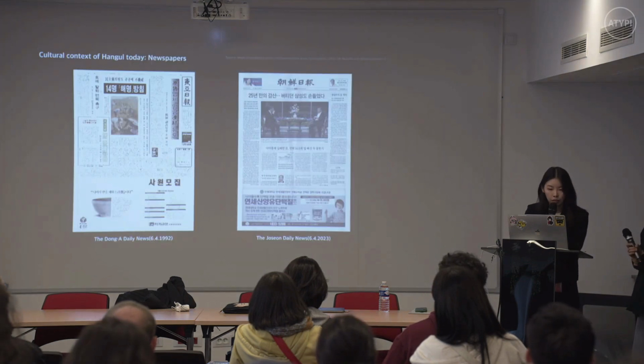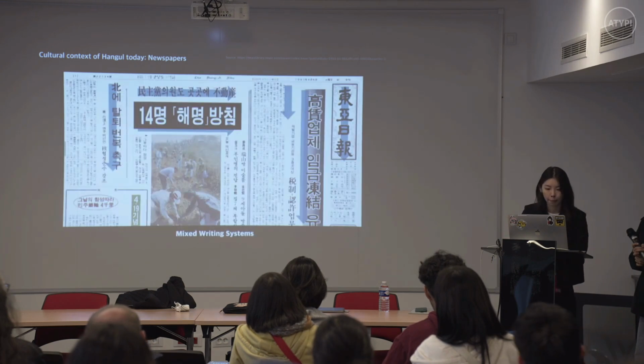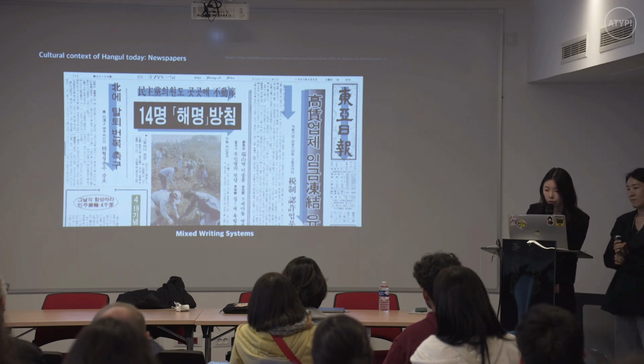First of all, let's take a look at newspapers, which are the most conservative media. To make an accurate comparison, we checked newspapers from the early 90s and from this year. Until the mid-90s, newspapers commonly used vertical lettering, sometimes with horizontal lettering, for titles.